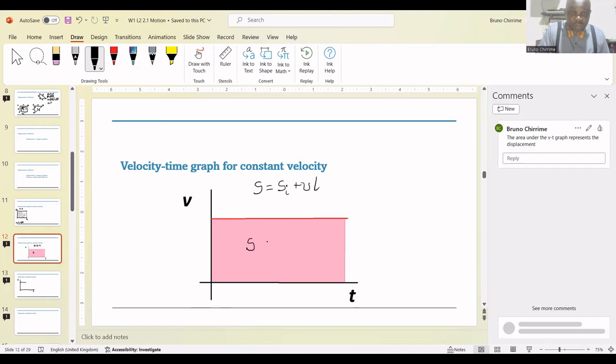Of course, here we are showing displacement because it coincides. The distance will coincide with the displacement in this case. So you multiply the vertical by the horizontal, v times t, and you get the area below the graph representing the distance covered, and in this case also coinciding, representing the displacement. So the area under a VT graph represents the distance covered.